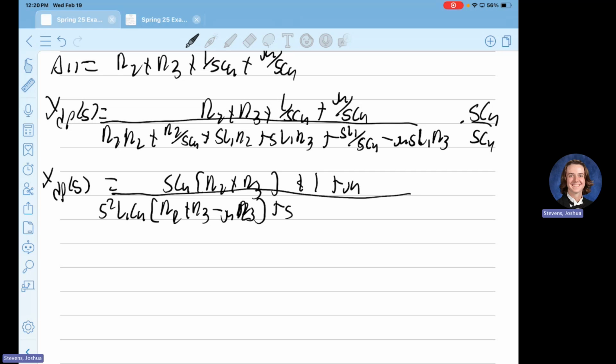Plus S times C4 R2 R3 plus L1, and all being added by R2.